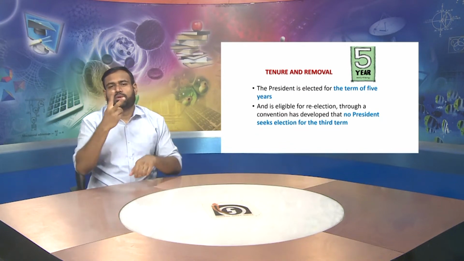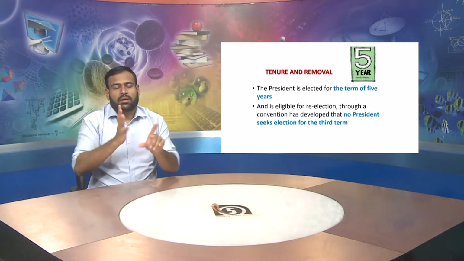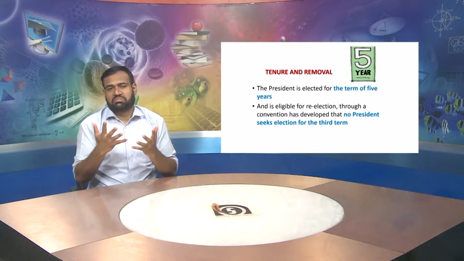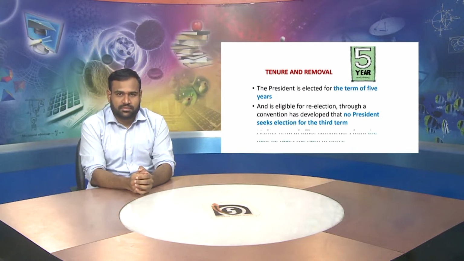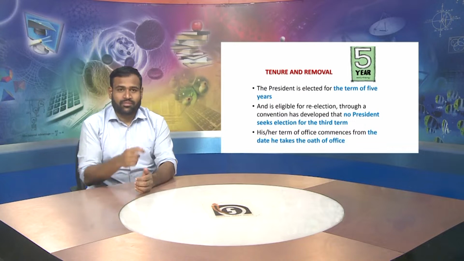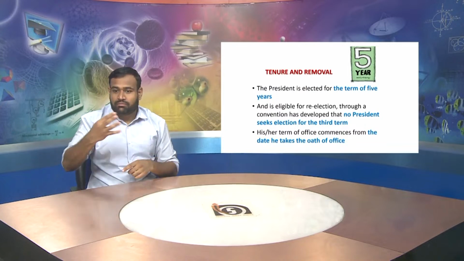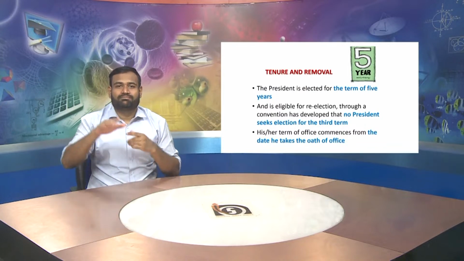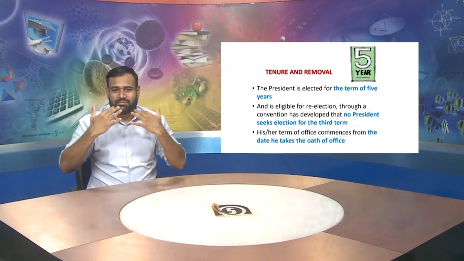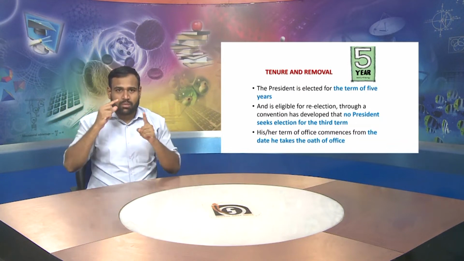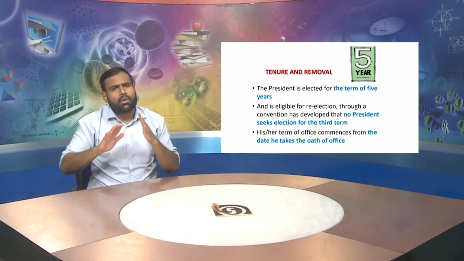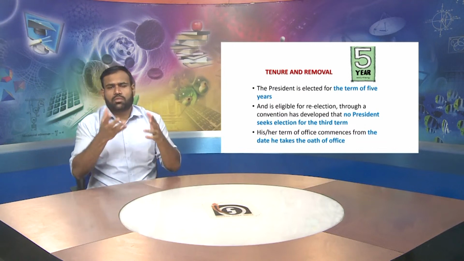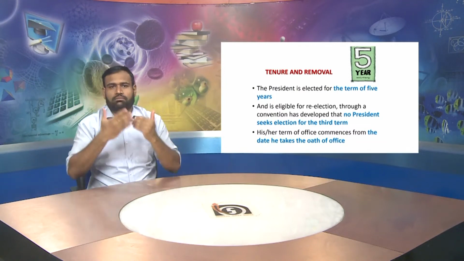So 2 times the president can be elected, but 3rd time is not allowed. And his term of office commences from the date he takes the oath of office. So that is the time which is counted.